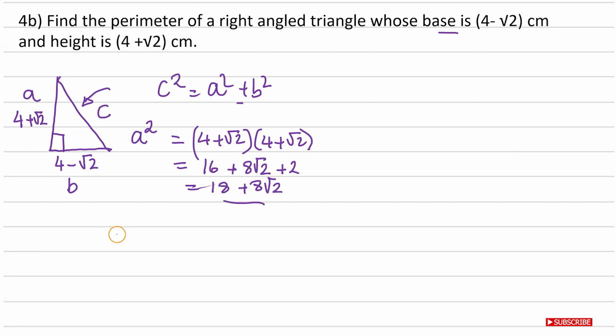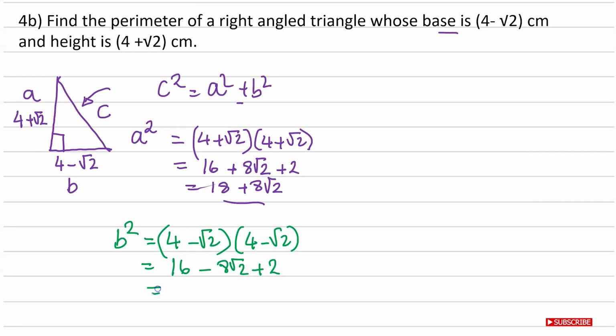Now for b squared, what we have is 4 minus square root of 2, and we need to square it, which means we multiply with the same bracket. If you multiply this out, you get 4 times 4 is 16, and then you get minus 8 root 2, and then plus 2. So this will give you 18 minus 8 root 2.